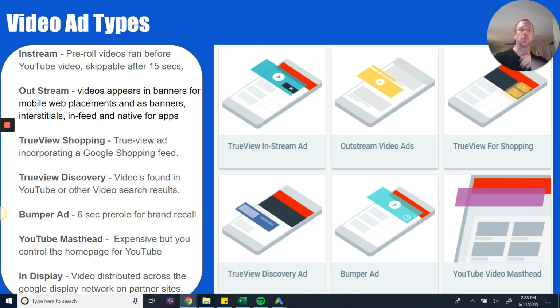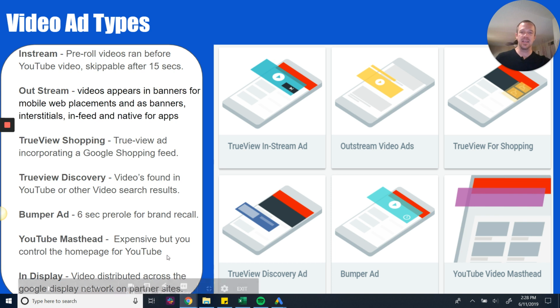They're more for brand recall and branding campaigns more than anything. They're not ultimately that great in conversions, in my opinion. It kind of depends on what your strategy is, but I've always used the 6-second pre-rolls more for branding and brand recall, to spur that top of mind awareness of particular brands.